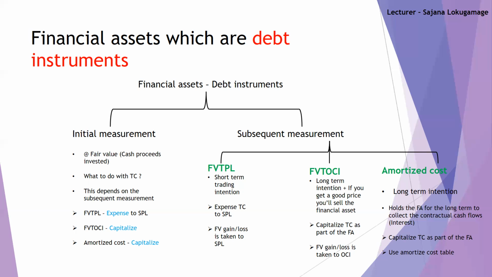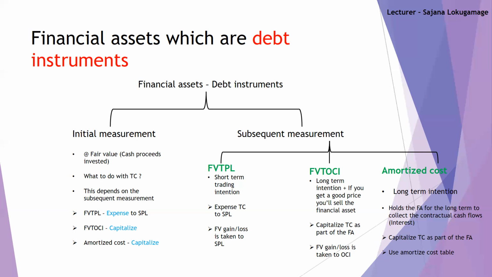FVT OCI. What is the situation where you need to use FVT OCI as your subsequent measurement for financial assets, which are debt instruments? This is the scenario: you have a long-term intention to hold the financial asset to collect the contractual cash flows, which is interest income. But if you get a good price for the financial asset, you will sell it.